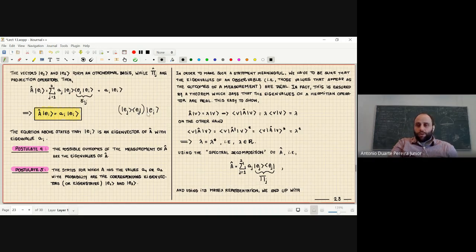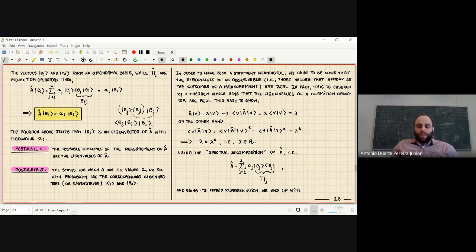This is the action of the outer product. So you have to glue these two, and this will give you E_J, the scalar product of E_J with E_I.